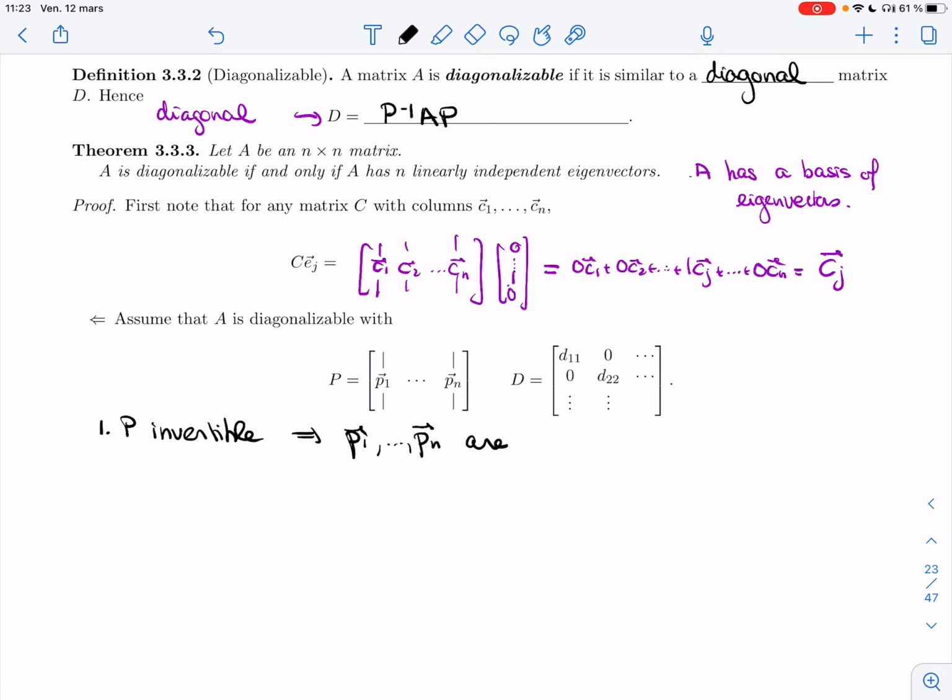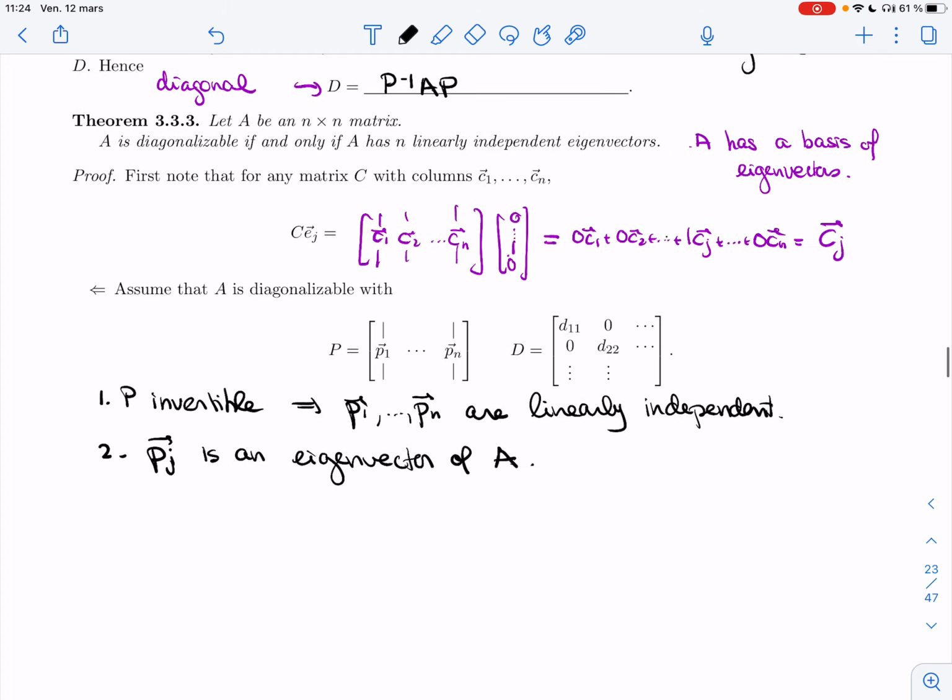It reduces to the identity so that you don't need to remove anything. There's no redundant columns, they are linearly independent. And second, I claim that Pj is an eigenvector of A.